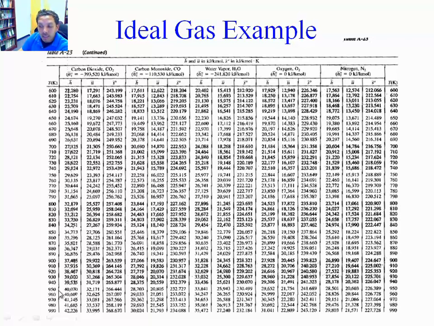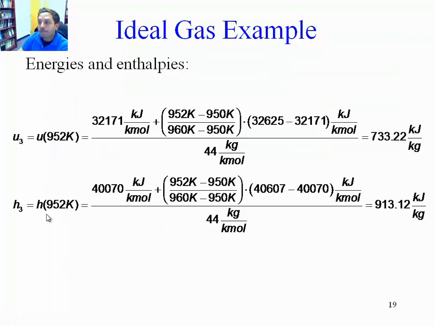Well, we know that this entry is at 950, and this entry is at 960. And our value of temperature is 952, which is 20% of the way between these two brackets. So, in this case, energy at 952 is the interpolation between 32,171 and 32,625.